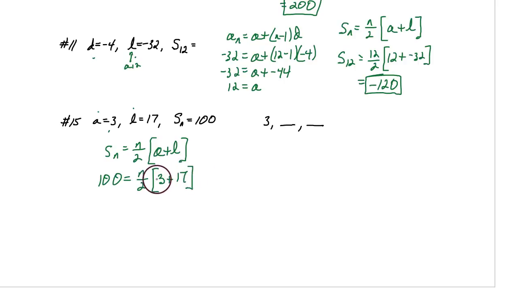Now we can solve for n. Times by 2 on both sides. 20 times 10 is 200, so n is equal to 10.